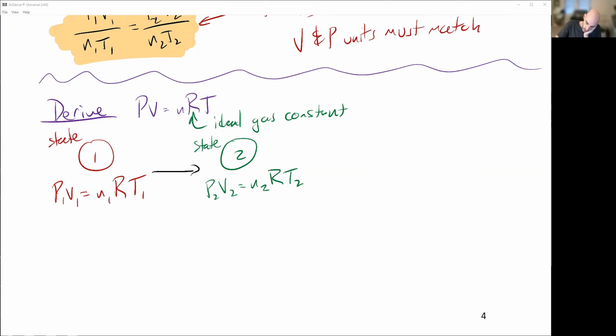What we should notice is that R is the same for both of them. So I want you to solve for R for both of these.